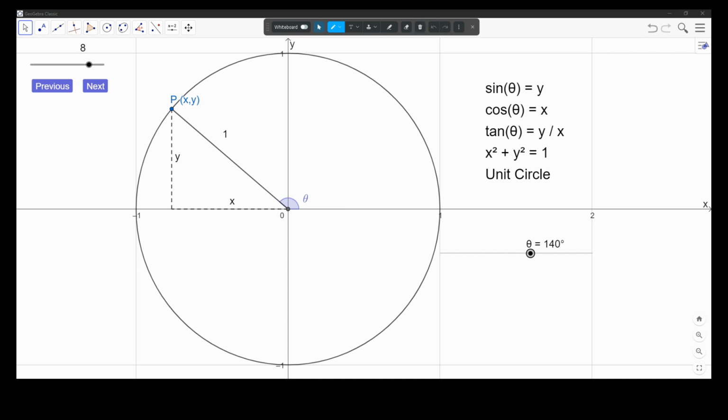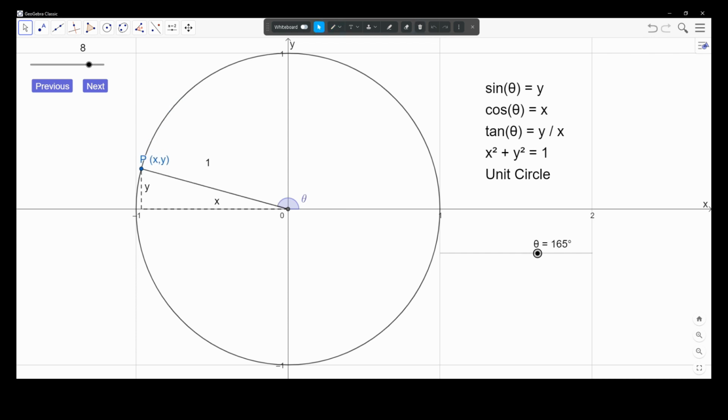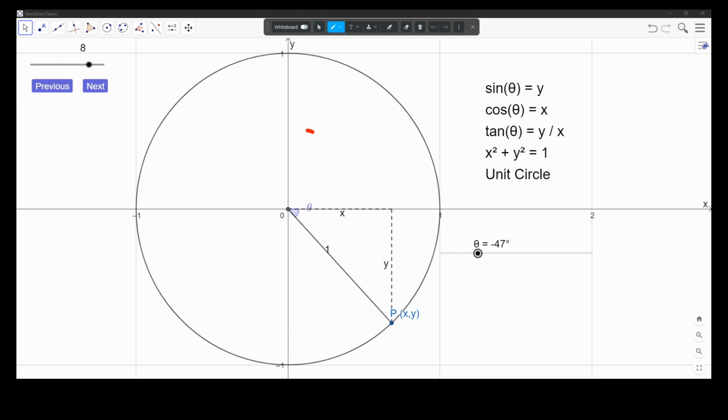And it can also wrap all the way back around. So we can have angles that go all the way up to 360 degrees or even beyond. 720 would just be two times around the circle. And then again, we have the concept of a negative angle. If you're going clockwise, then the value is negative.